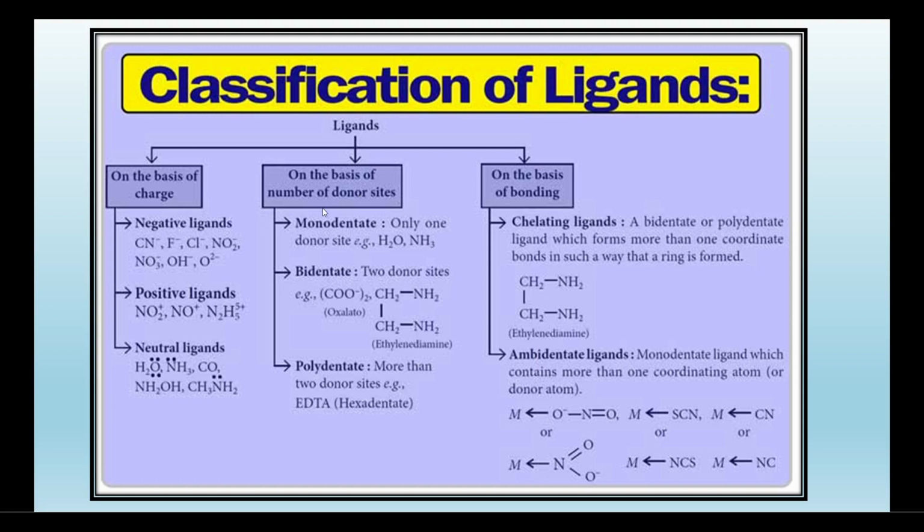Here it is monodentate, bidentate, polydentate, which depends on the donor sites. Monodentate means only one donor site will be present, which is nothing but oxygen, which can be bound with the two hydrogens, as in water. Similarly, bidentate has two donor sites which can be bonded, for example ethylene diamine and oxalato, where two donor sites are formed.